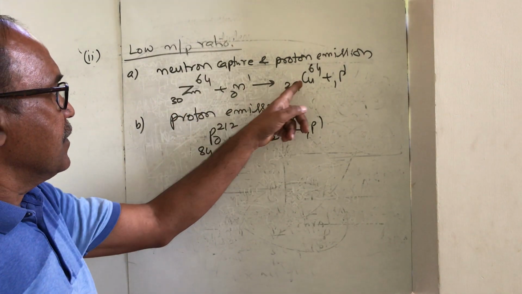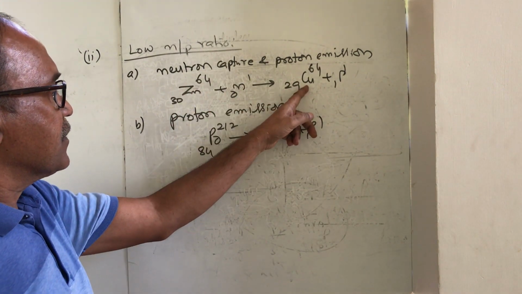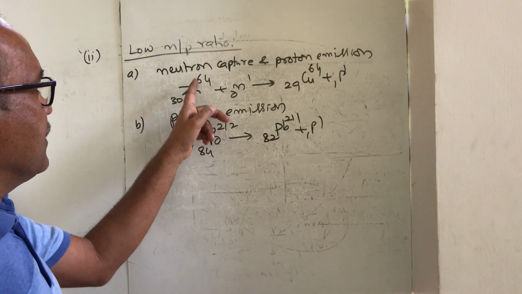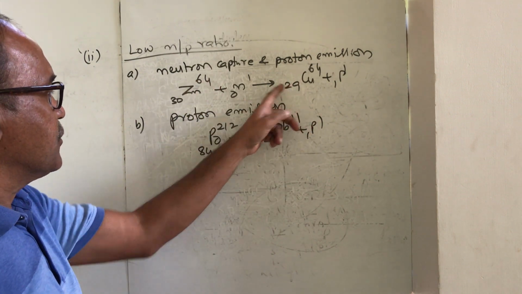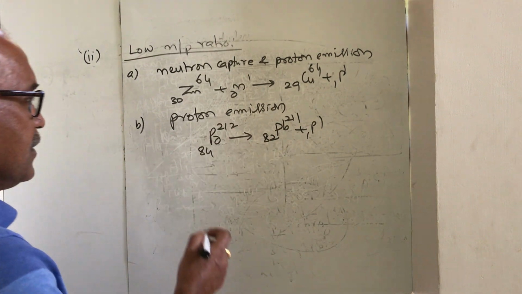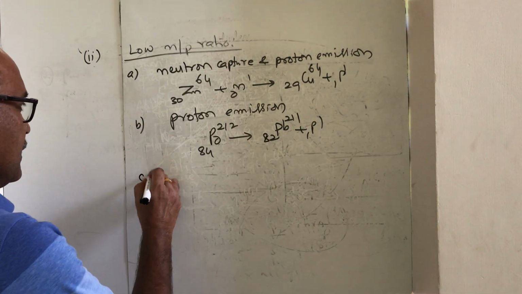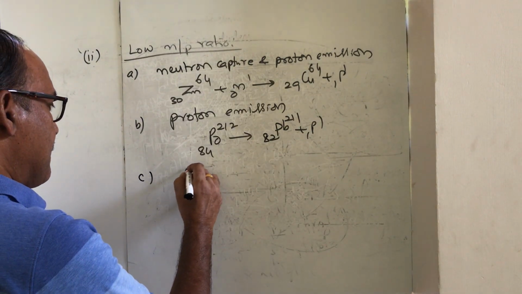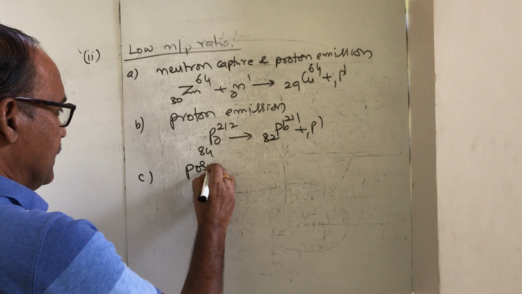See that here stability is gained and the N by P ratio is improved, and here an isobar results in this process. Here an isotone results, with the same number of neutrons. Next is positron emission.